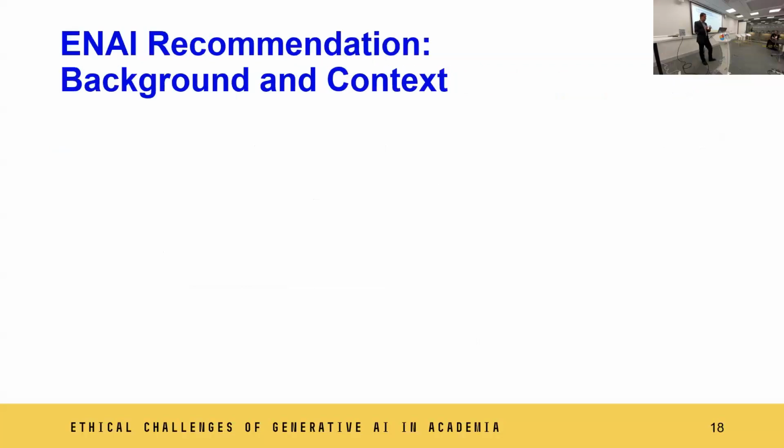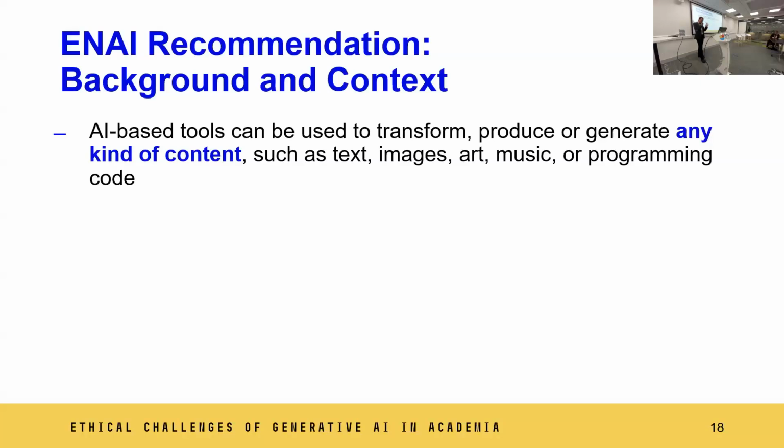So what is in our recommendation for education? First, we state some context. We have the tools now that can be used to transform, produce, or generate basically any kind of content. It's not only about text, it's also about images, art, programming code, whatever.